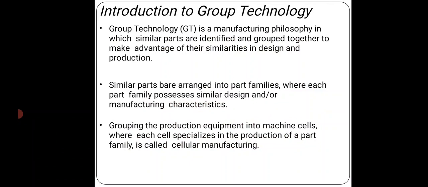The main aim of group technology is increasing production efficiency by grouping a variety of parts having similarities of shape, dimension and/or process route. Similar parts means we can separate or group them based on manufacturing or design activities.